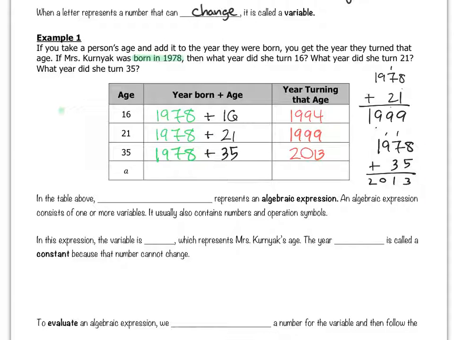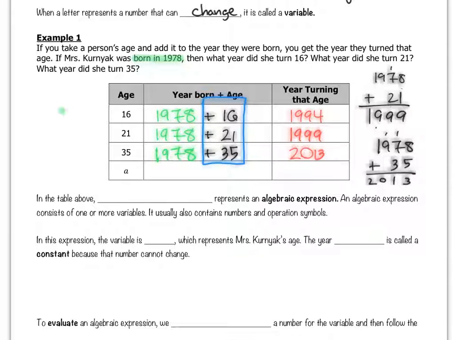So think about those three examples and what is changing in these examples. Well, the number that is changing is her age. Okay, as you know, your age changes as time goes on. You get older. And so we could represent someone's age with a variable in algebra.